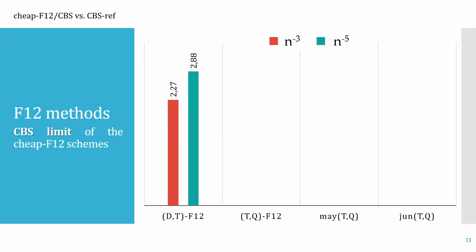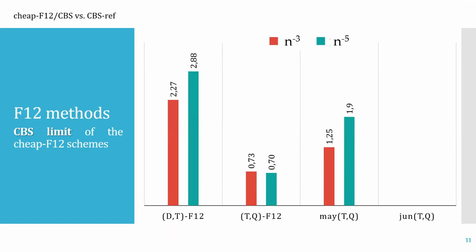In this case, this extrapolation does not work properly with the double and triple zeta F12 basis sets. However, we have very low and very consistent errors for the triple and quadruple zeta F12 basis sets, with very low error with respect to the reference. And then we have again an increase of the error with the May, and we have comparable, and again, the lowest error observed for the June triple and quadruple zeta basis set.